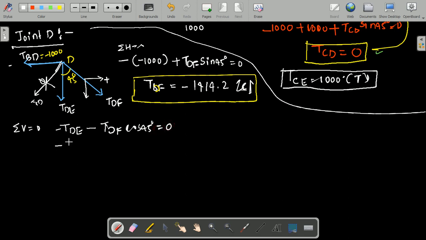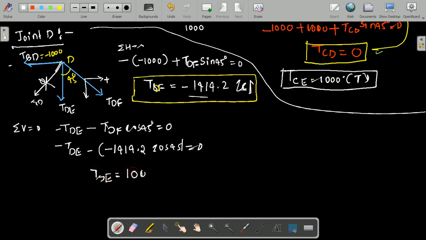Now carefully you need to substitute TDE as minus TDF value. TDF value is again minus, minus 1414.2 into cos 45 is equal to 0. By simplification, TDE is equal to what?